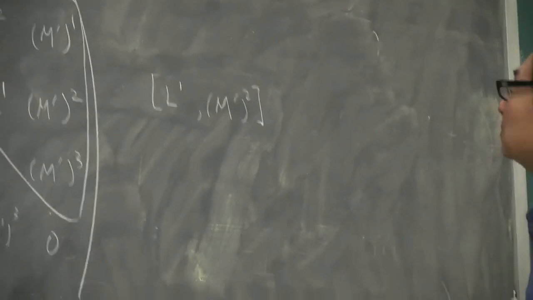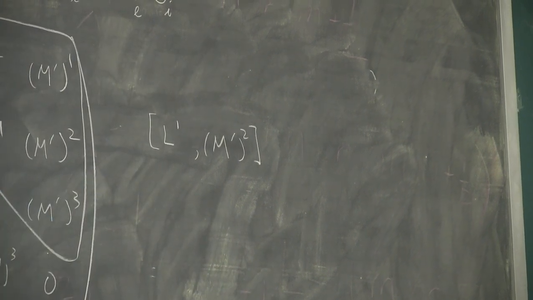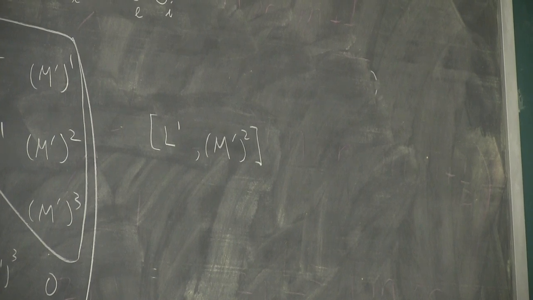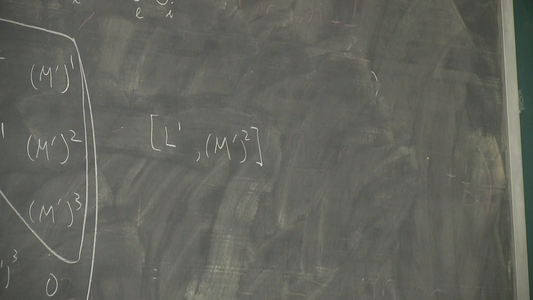What I need to do is to use this relation to show that the commutator of L1 and M prime 2 is in fact given by this and all the rest of it. If I can show that, these three are nothing more than that one applied to the case when N is equal to 4, then I'm done. Then I have shown that my SO(4) is in fact a symmetry of the hydrogen atom problem. Okay.